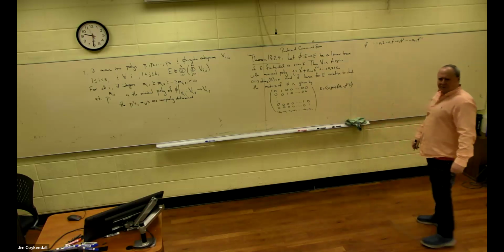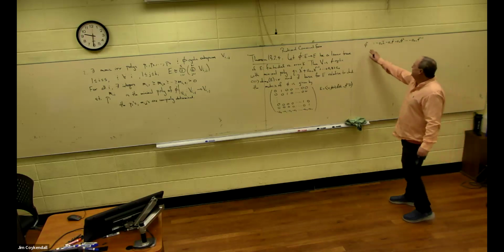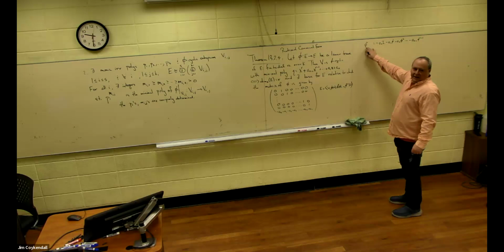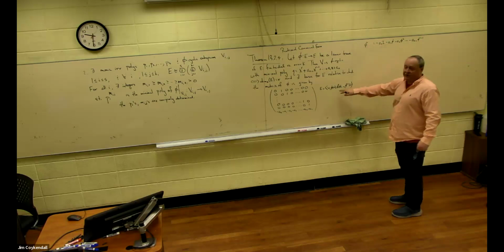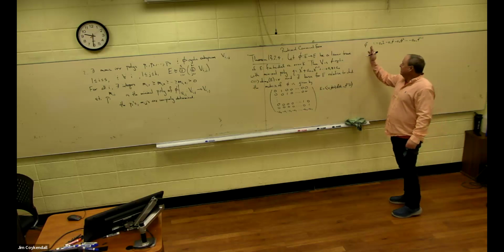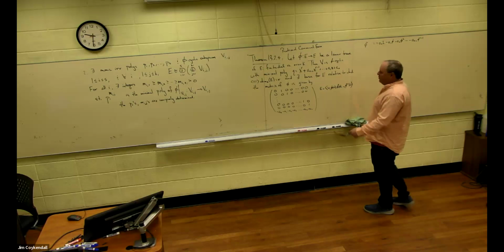Everybody agree with that? Just manipulating the minimal polynomial, right? This means that phi^r v can be written as a linear combination of the lower ones, right? And this is why this works.